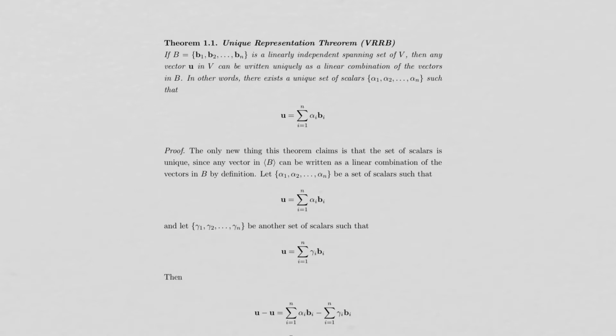If we want to prove that this set of scalars is unique, we assume there's another set that satisfies the property that these scalars satisfy, namely that they are the coefficients of the basis vectors whose linear combination is equal to u. And so u is equal to the alphas times the b, u is also equal to the gammas times the b, and then you eventually show that all the alphas and the gammas are equal. So this set is really just the same set, and therefore the scalars are unique.